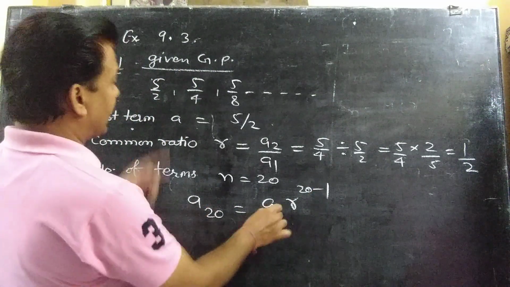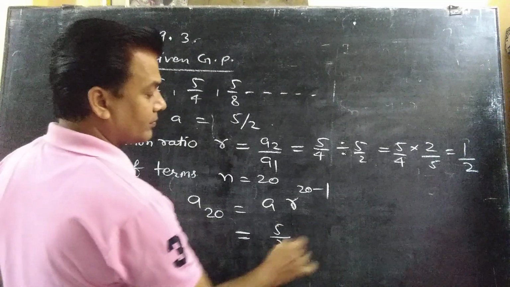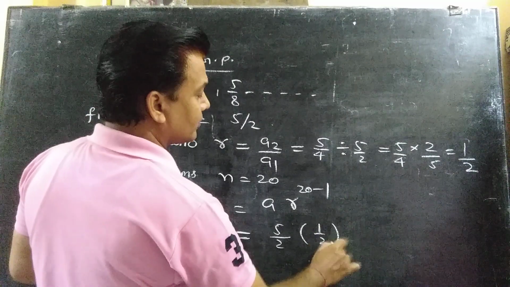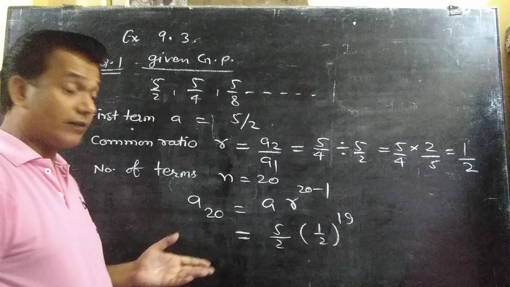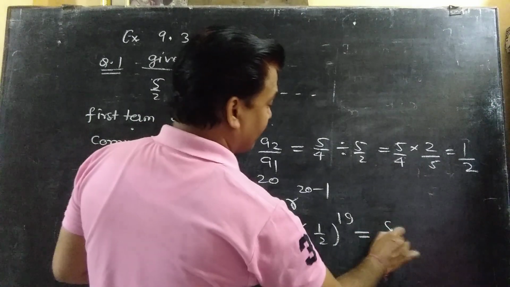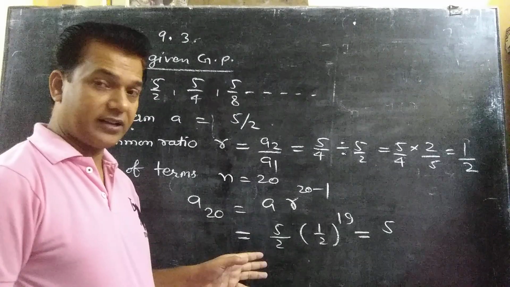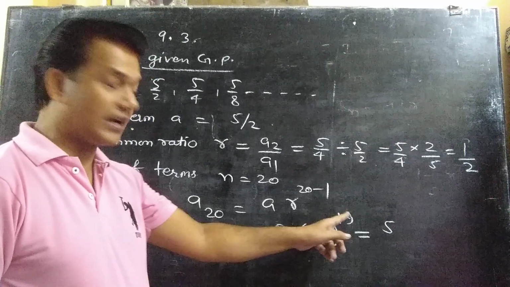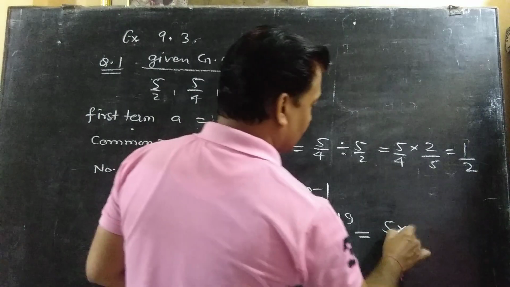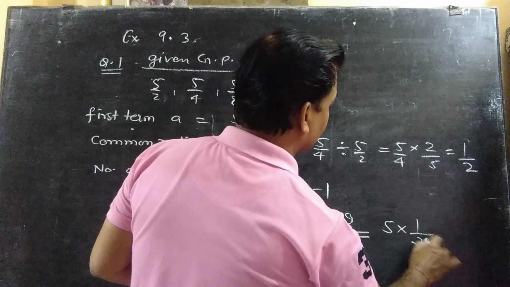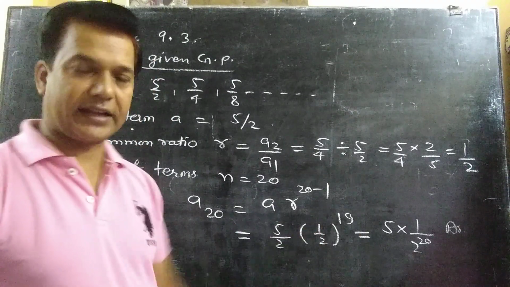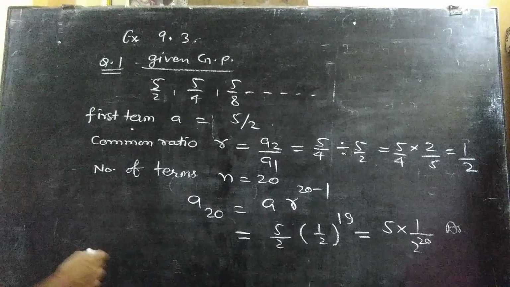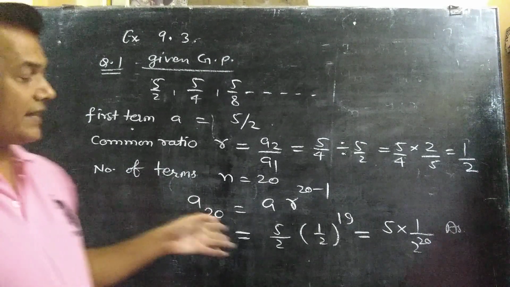The value of a is 5 by 2 and r is 1 by 2 power 19. So what we have to do in this case? 5 separately and here is 2 raised to 20. So 1 upon 2 raised to 20. No need to solve this. Leave it like this one. This is our 20th term.